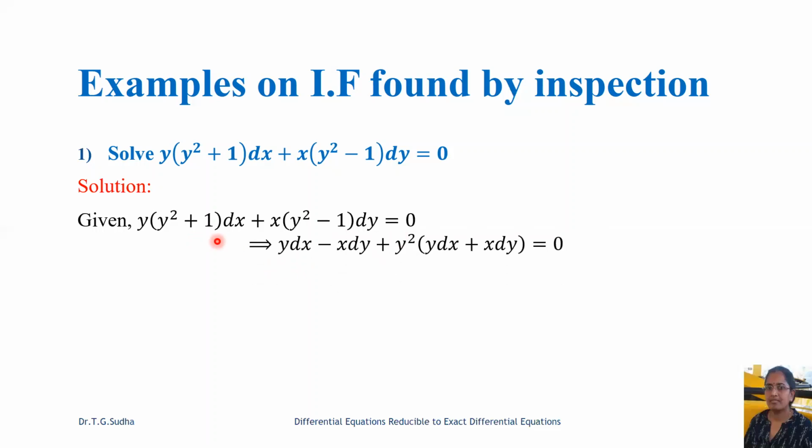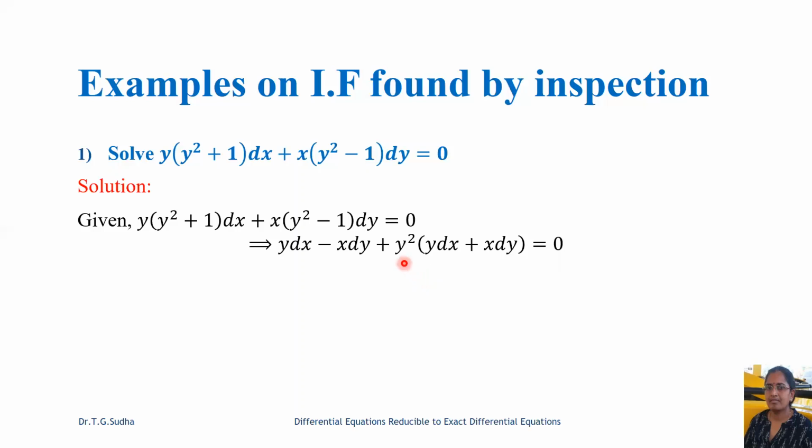So when you multiply y into 1 dx, we get y dx. Similarly from the second term we get minus x dy. And here we have y square, and here also we have y square. Removing y square common, we get y square into (y dx plus x dy) equal to 0.